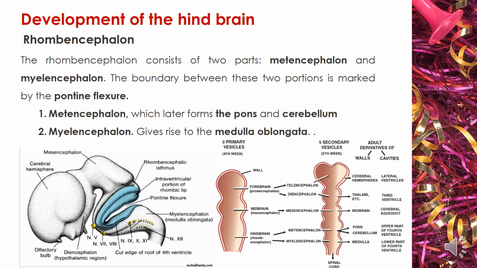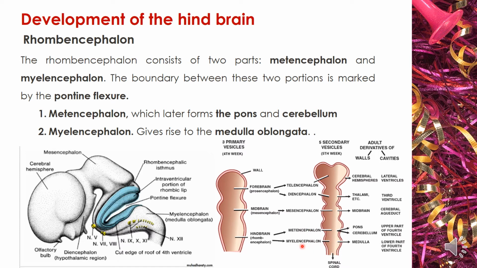Now, development of the rhombencephalon, also called the hindbrain. The rhombencephalon consists of two parts, the metencephalon anteriorly and the myelencephalon posteriorly.